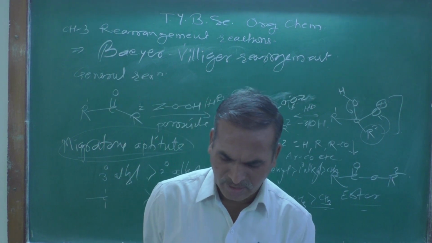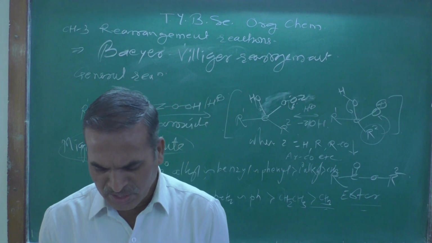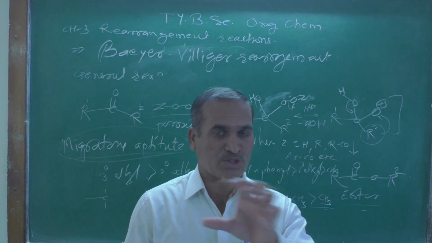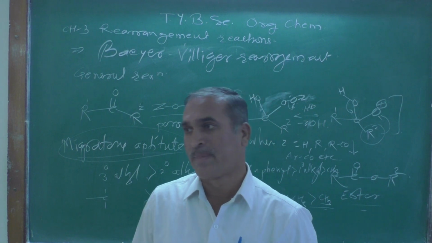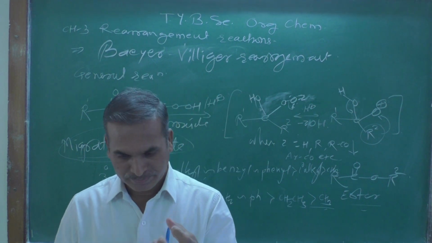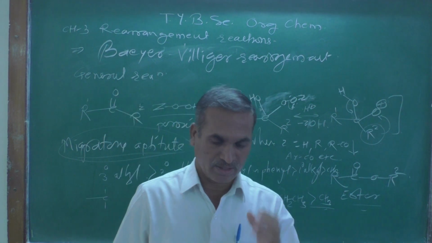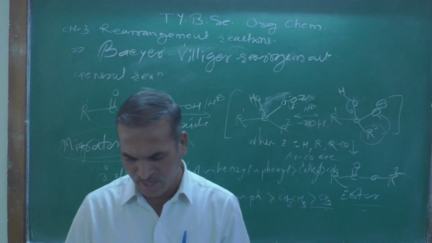Then the stereoselective factor. The stereoselective factor is one of the main points to introduce here in the Baeyer-Villiger oxidation reaction.